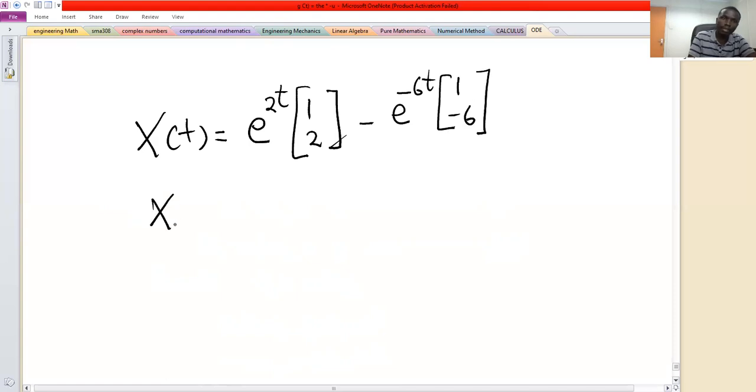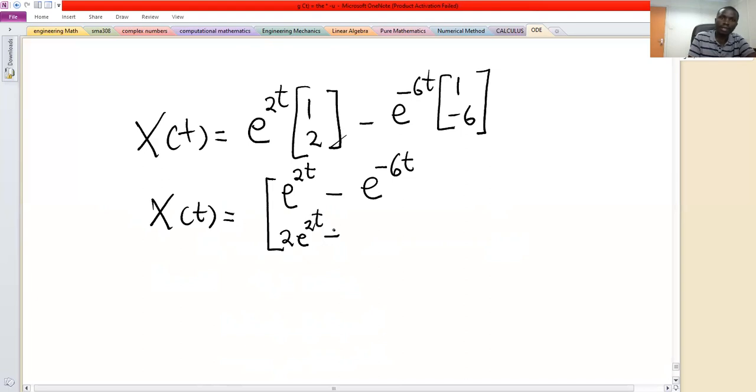And this can be written as x of t is given by the vector with first line e raised power 2t minus e raised power minus 6t, and second line 2 e raised power 2t plus 6 e raised power minus 6t.